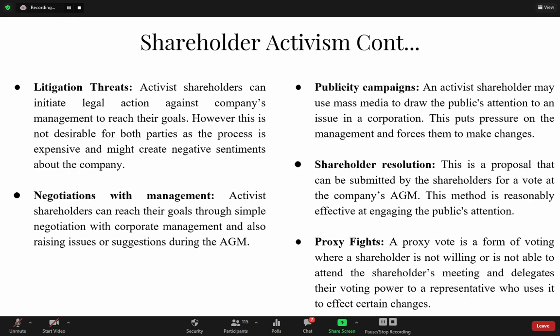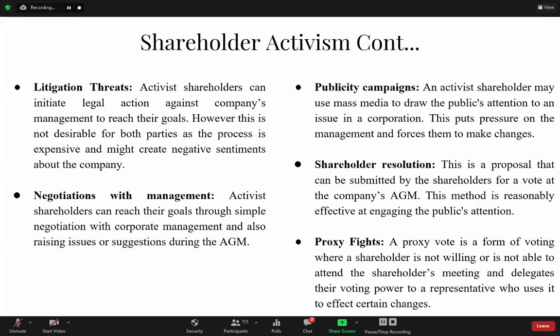And the final one is proxy fights. What a proxy fight is: during votes, a specific shareholder might not be able to vote due to various reasons, such as not being able to attend the meeting or just not wanting to vote.